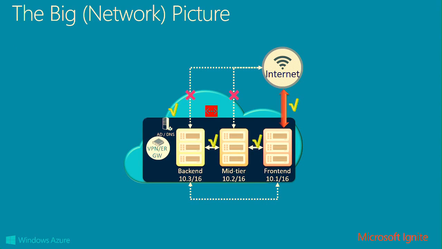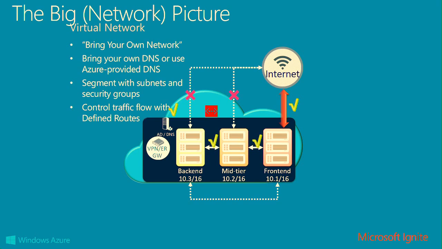So to begin with, the basic building block in any networking in Azure is what we call the VNet. Basically, you go and create your VNet, you can bring your IP ranges and define your network range for the VNet, and you can bring your own name resolution servers and segmentation, whatever you want to create within that VNet.